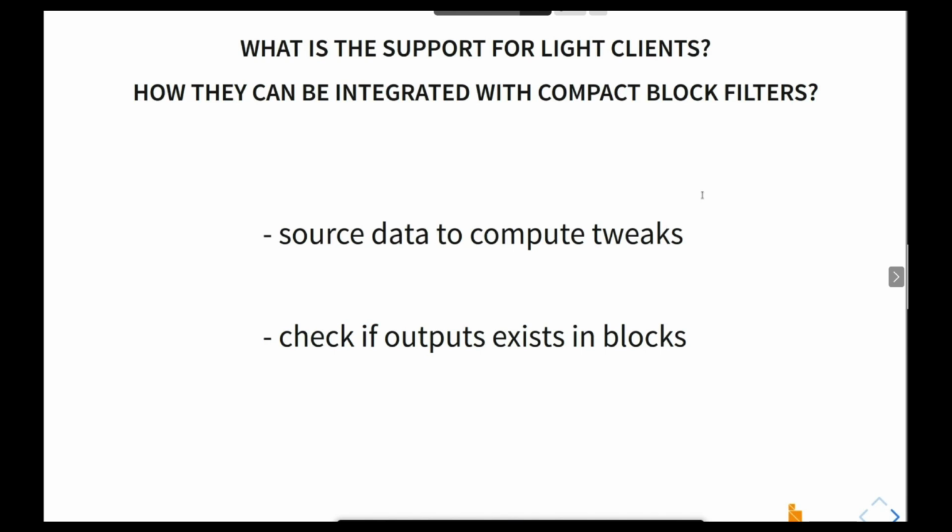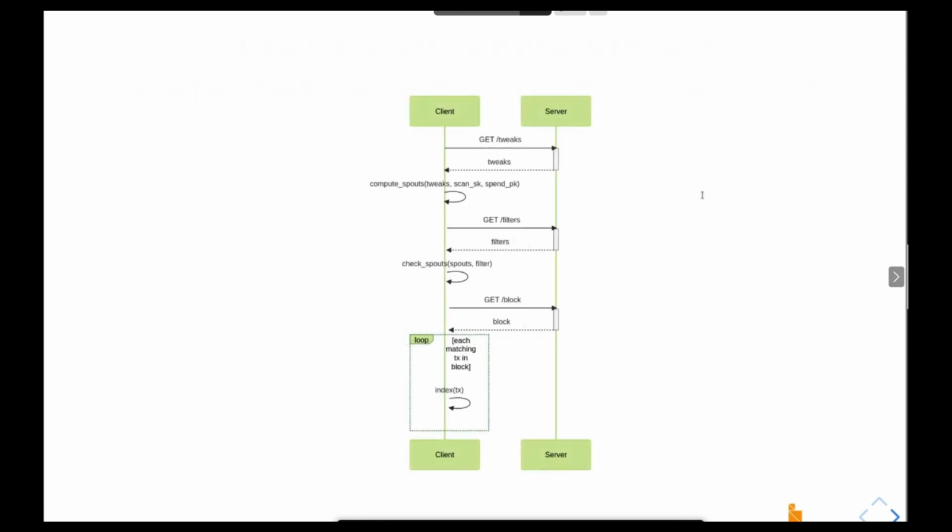So a way to do this in a light client setup would be, in this graph, you can see that we have a client and server, but don't consider the server as a single entity. You can have multiple servers and you can make different requests to each one of them. Here the client gets the tweaks, or the pieces of information that we need to compute from the inputs of the transaction. With our scanning secret key and the spending public key, we can produce the scriptPubKeys from those tweaks.